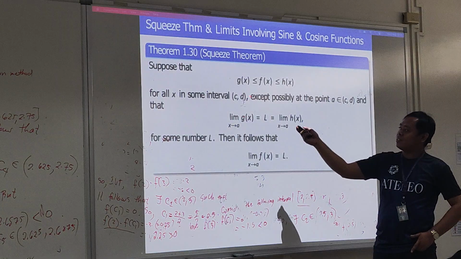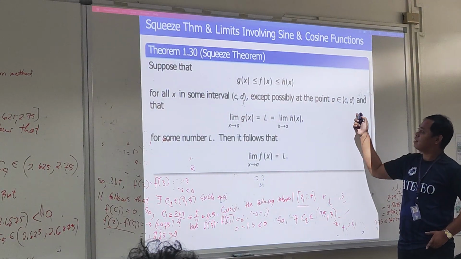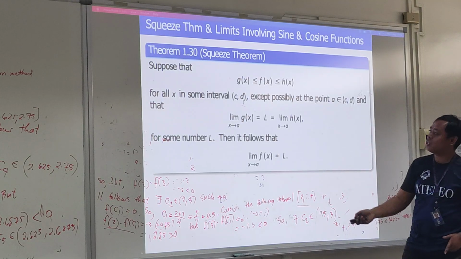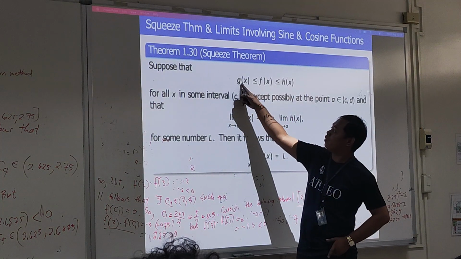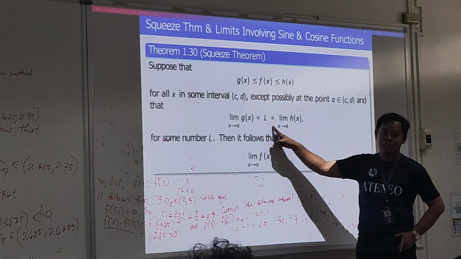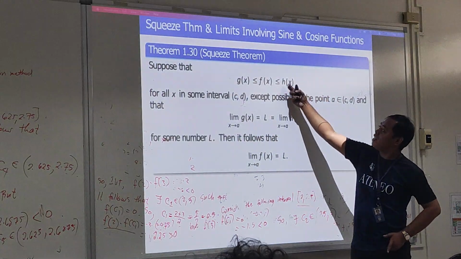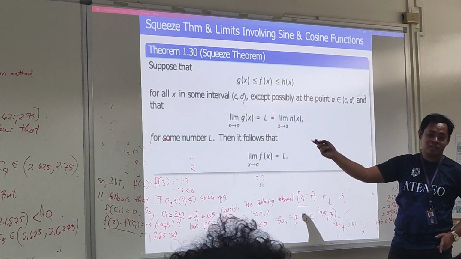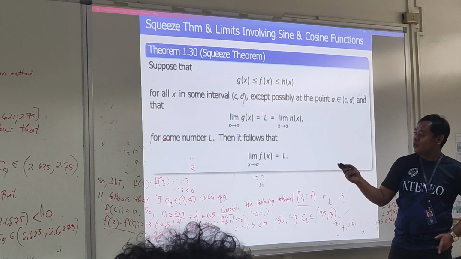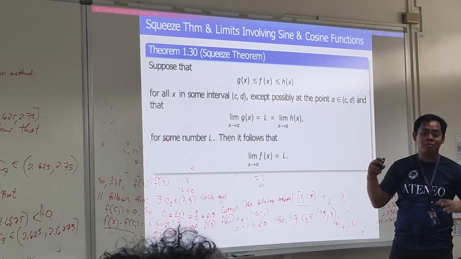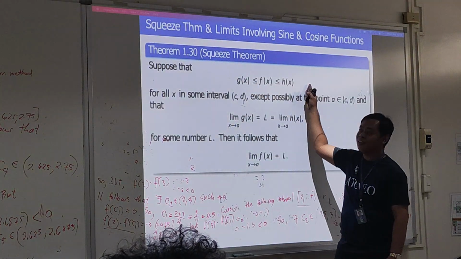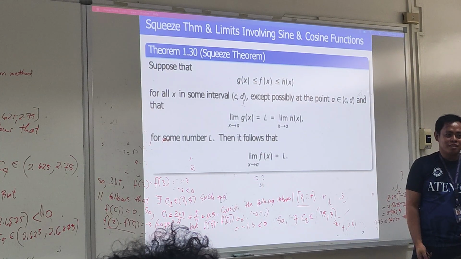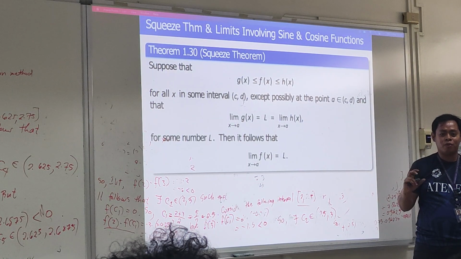For all x in some interval cd, except possibly at the point a in cd, and the limit of g of x is just your L. And if you take the limit of your h of x, that is also equal to your L. So you have no choice that nakatuwa mo siya, no? This is L here, this is L. So the limit of your function f of x is L. Sandwich man siya, in between those.